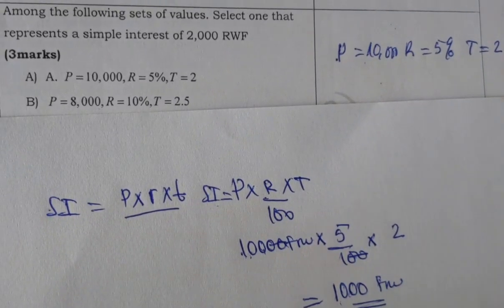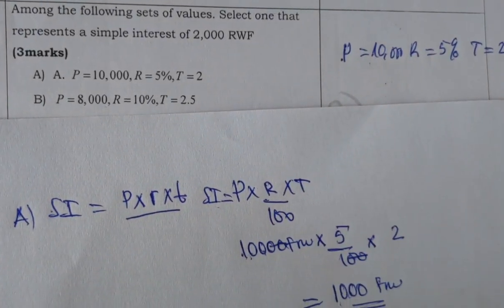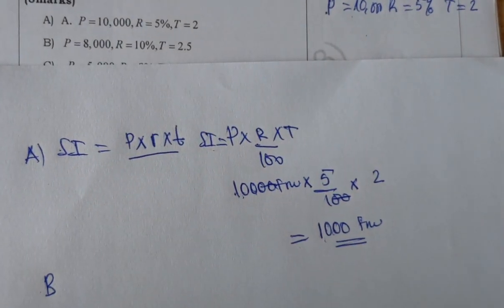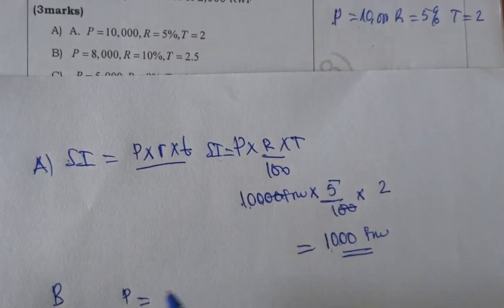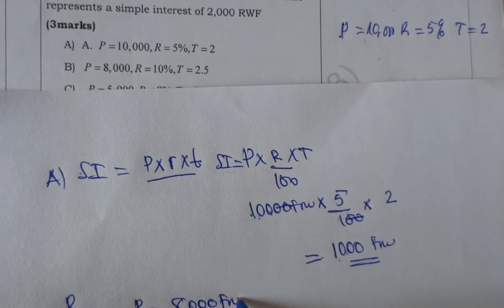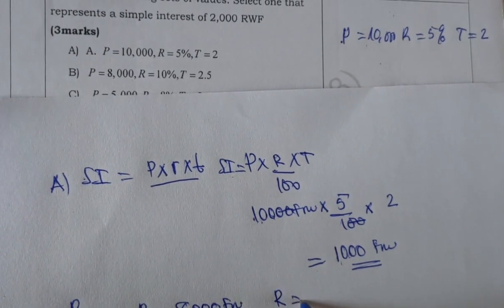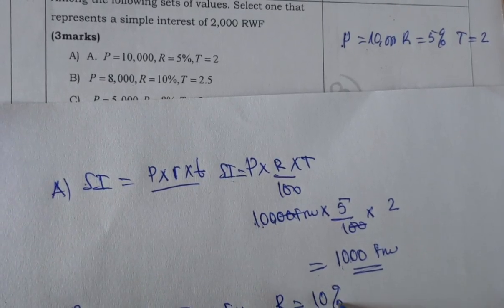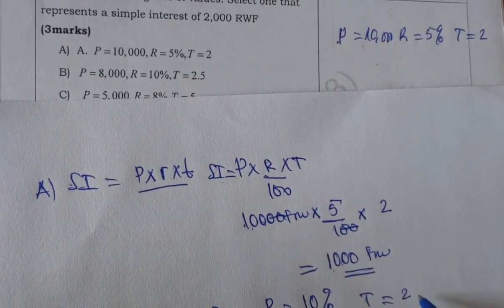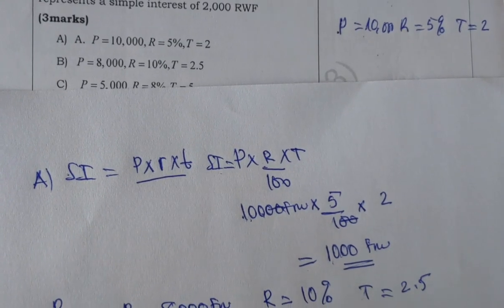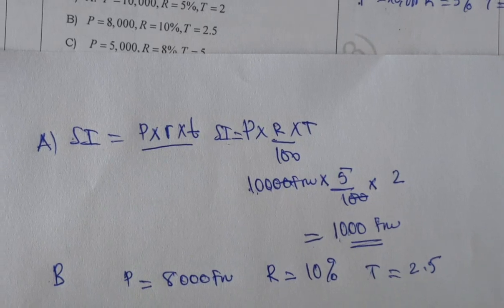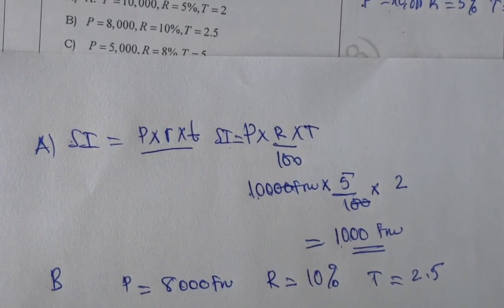And then for B, B will have a principal of 8,000 Rwandan francs, and we have a rate of 10%, and also we have time of 2.5. To mean here will be converted into a fraction and we can get a correct answer easily.